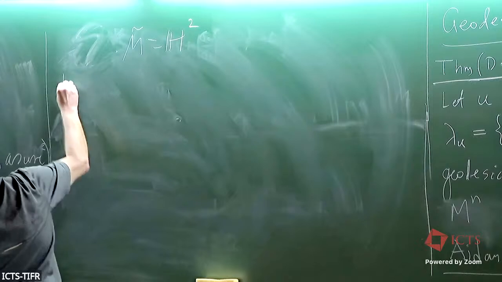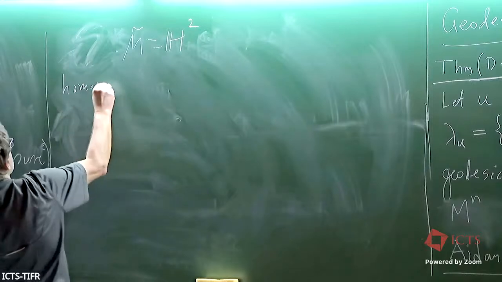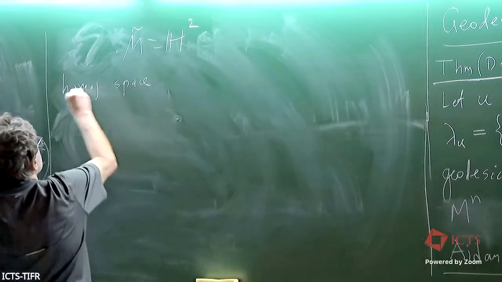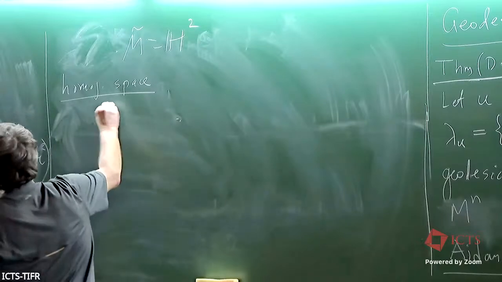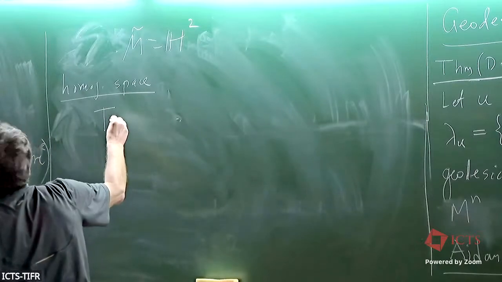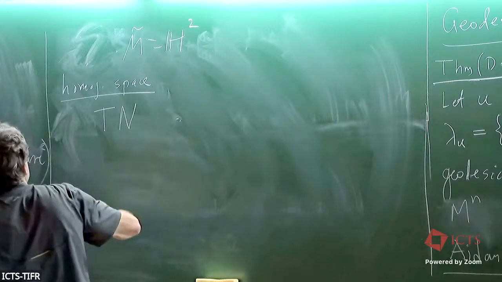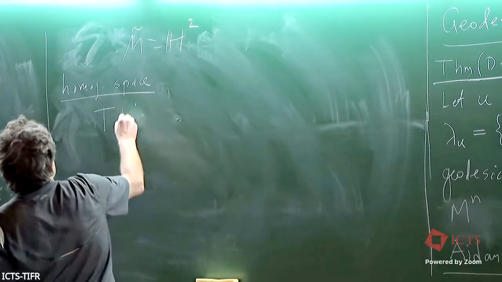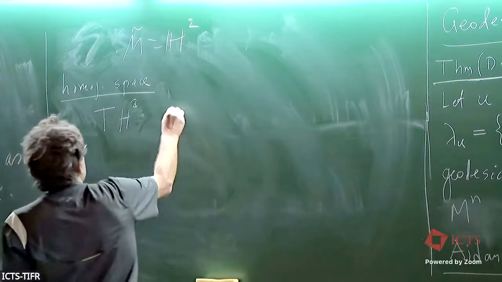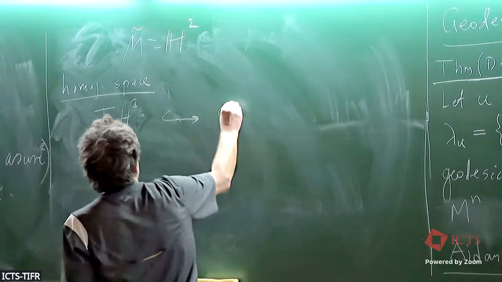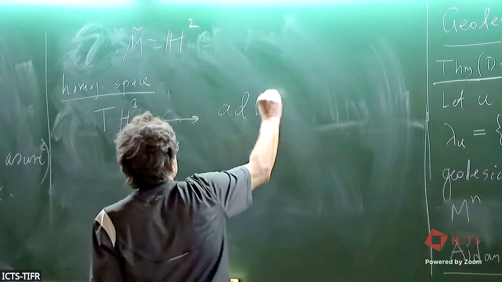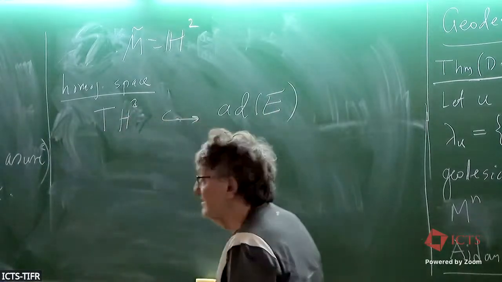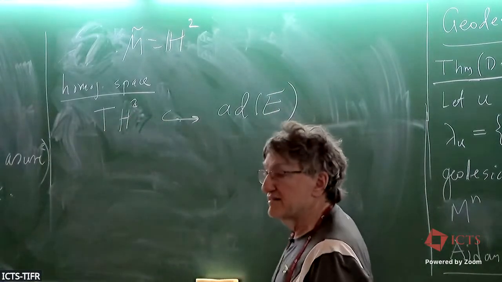If you have a homogeneous space, then you can embed the tangent bundle of H2 into the Lie algebra bundle, the ad bundle. There's a way to embed this.